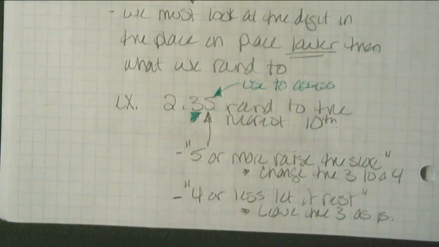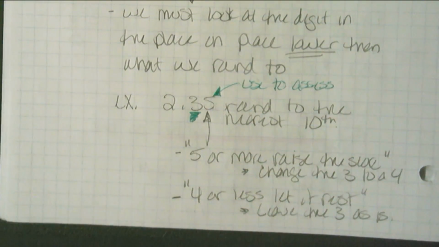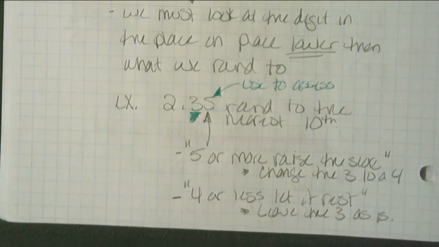All right, so I'm going to give you a couple numbers that I want you guys to round. So whatever place value we want to round to, we always have to look at the number one place value lower than that and use one of these two rules. Who needs to see what's up there?